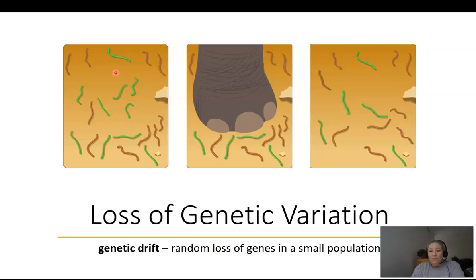And so I love this example. It's so cute. These are worms. There are brown worms and green worms, and they live on the dirt. And all of a sudden, this elephant comes along and steps on most of the green worms right here. And so instead of there being 1, 2, 3, 4, 5, 6, 7, 8, 9, 10 green worms, now there's only 5 green worms, and so you have that loss of the green allele in the population.